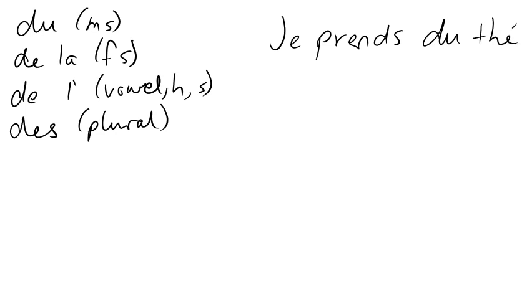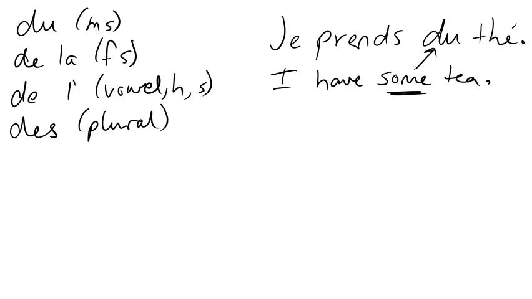That means I have, I want, I drink, however you want to think of it. We'll put have. Some tea. Now notice this keyword some. That's essentially what it comes out to with du.